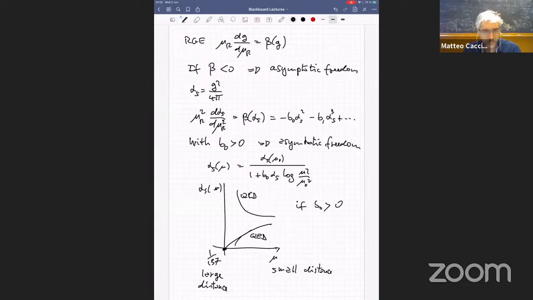Okay. So QED and QCD have the opposite behavior in terms of the running of the coupling. And again, we'll see in a moment that this opposite behavior of QCD comes exactly from the color part, if you wish, and the self-coupling of the gluons.